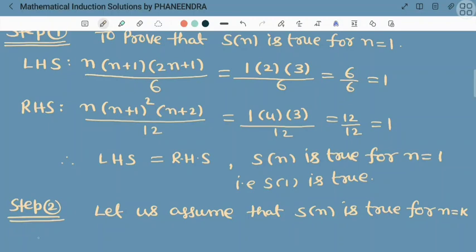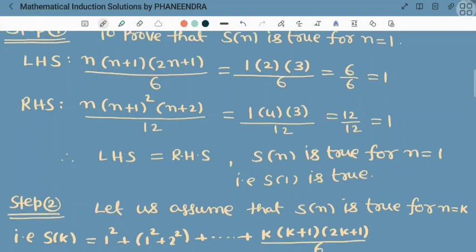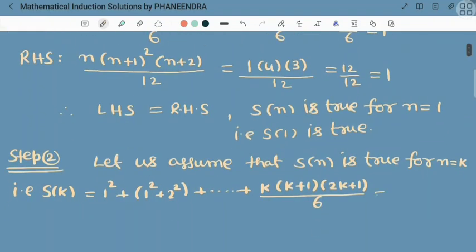In the given statement S of n, wherever n is there, replace it with k. That's all. So S of k is equal to 1 square plus 1 square plus 2 square plus and so on, k into (k plus 1) into (2k plus 1) divided by 6, is equal to k into (k plus 1) whole square into (k plus 2) by 12.